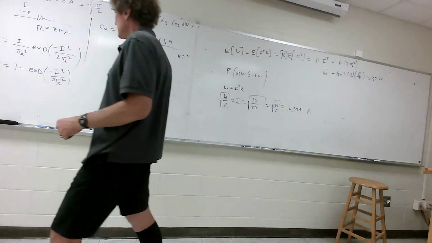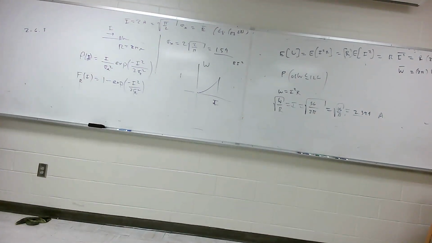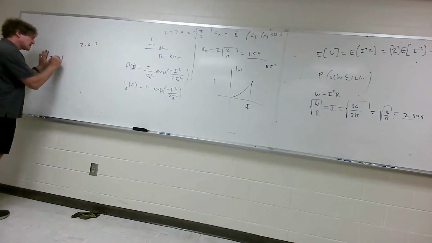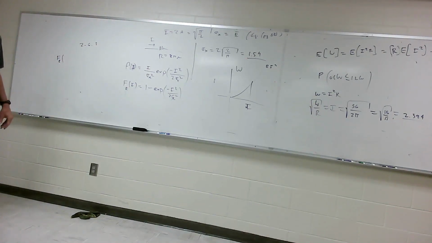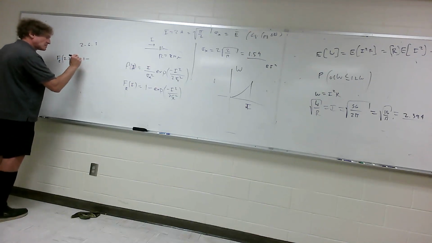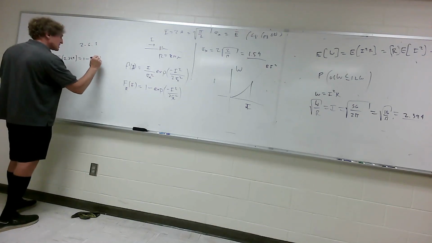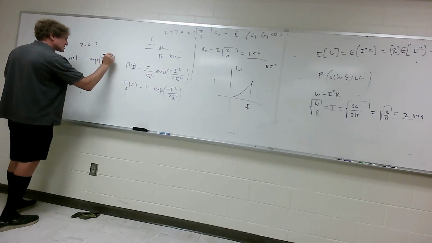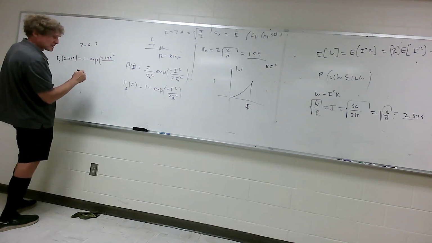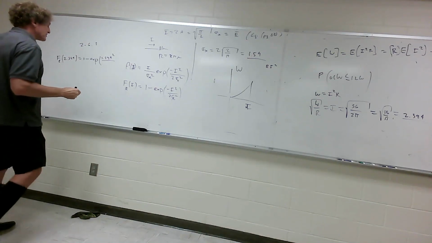Now, I got the Rayleigh distribution here, right? And remember, that's the value of the cumulative distribution function. So that part of the problem is just going to be F Rayleigh of, what is that? 2.394. There's 1 minus, you tell me what you get for this. 2.394 squared over 2 sigma squared, so I just put 1.59 squared.